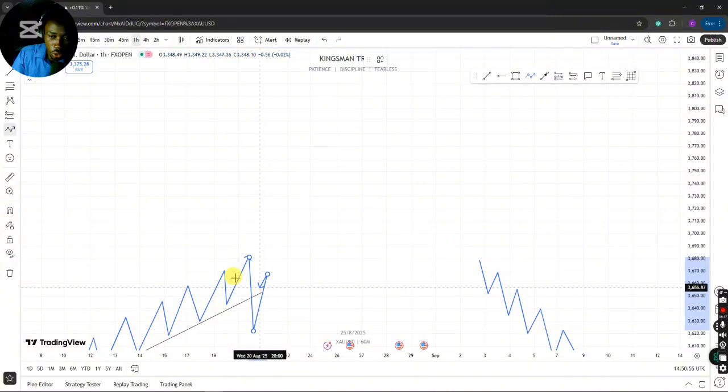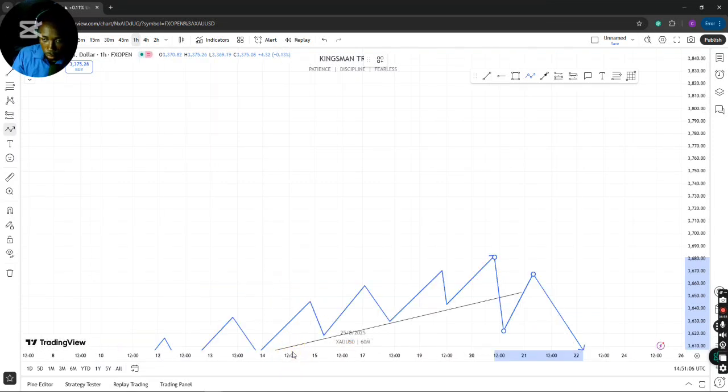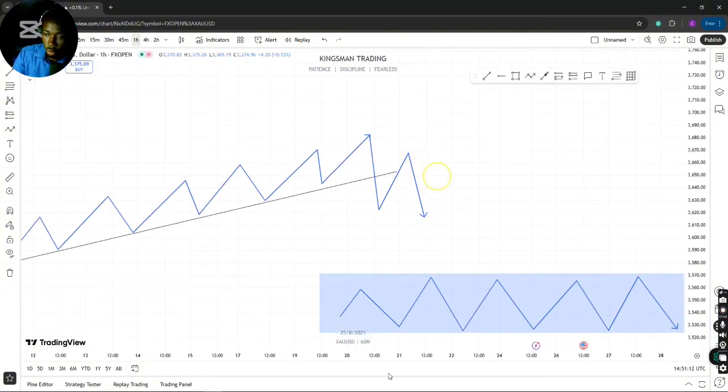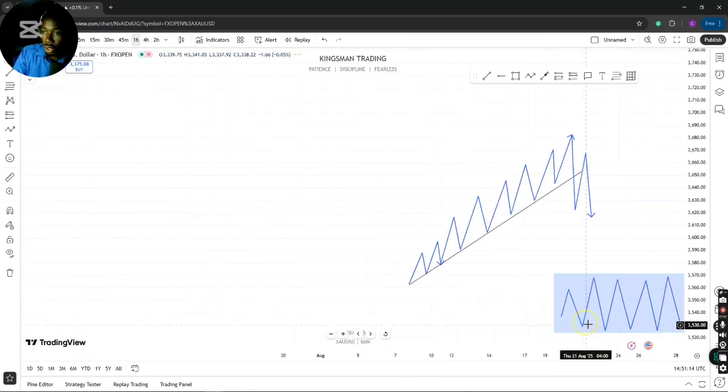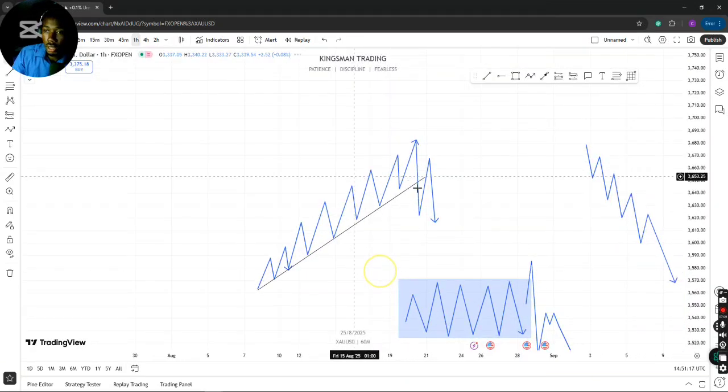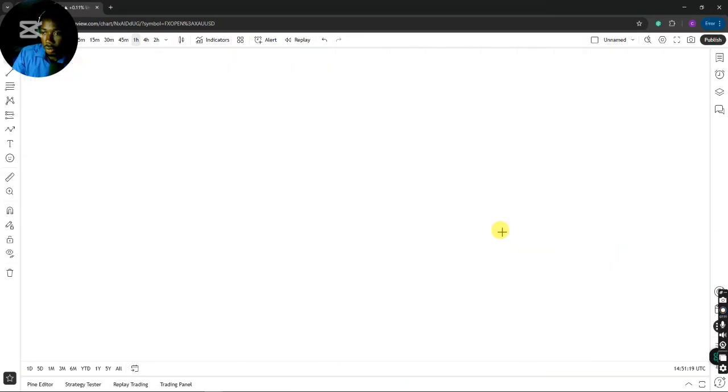Then automatically it confirms your sell, or your change in market structure, or change of character, as you popularly know it. So in such a scenario, you want to be very conscious of what price is doing, so you don't try to buy when the market has already reversed.